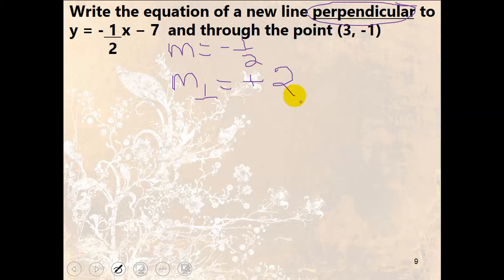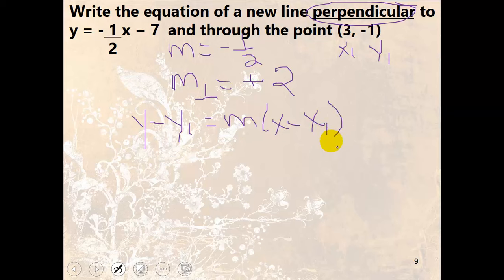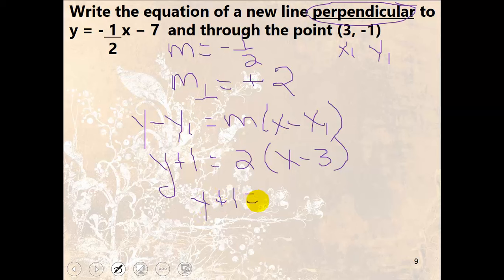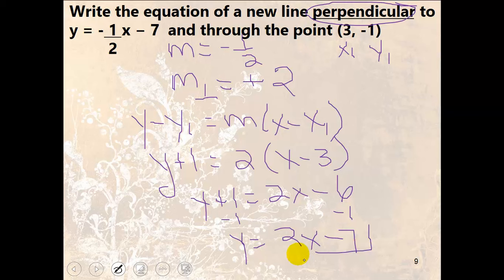So now I have y minus y1, my point, this is x1, y1, equals m times x minus x1, and so I have y plus 1 equals 2 times x minus 3. Y plus 1 equals 2x minus 6. Subtract, subtract, y equals 2x minus 7.